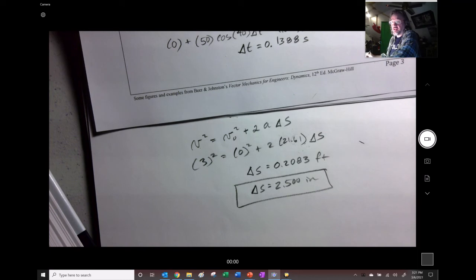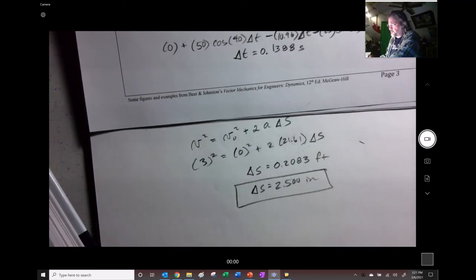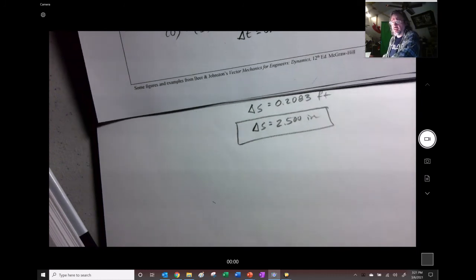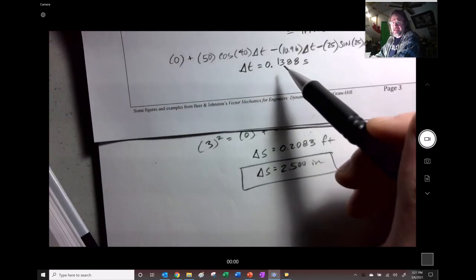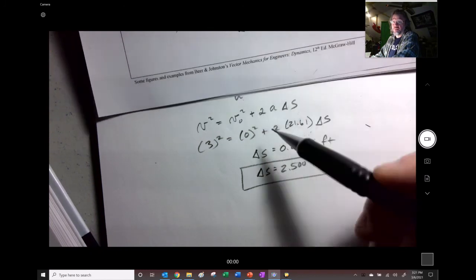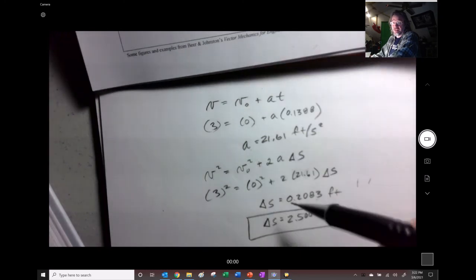And that's the same thing that we got with Newton's second law and with work and energy. So here's the thing that we had to do, though. We got time out of this, but we wanted to get distance, so we had to bridge that using kinematics, right?